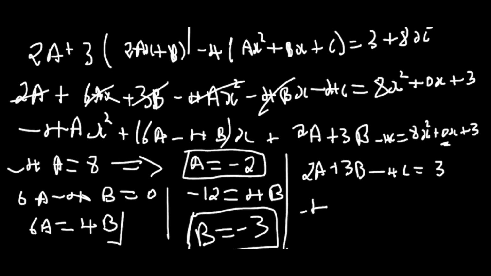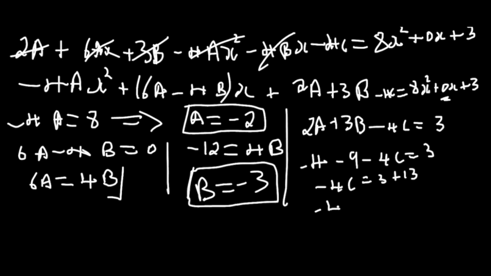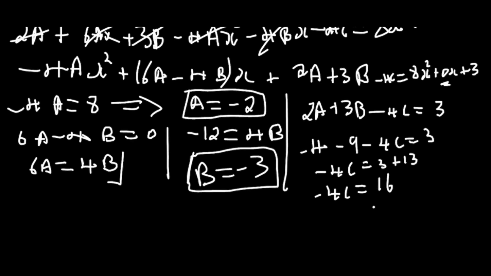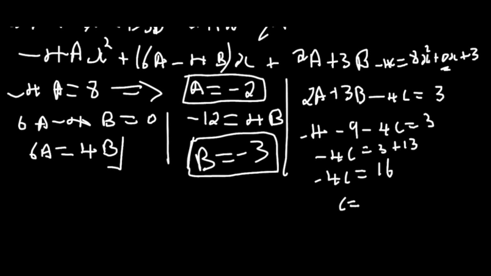We have minus 4 there, and minus 9, minus 4c equal to 3. So basically this will be minus 13. So negative 4c equals 3 plus 13, which gives us 16. So minus 4c equals 16, and we know 16 is 4 times 4. Therefore, c should be equal to minus 4.